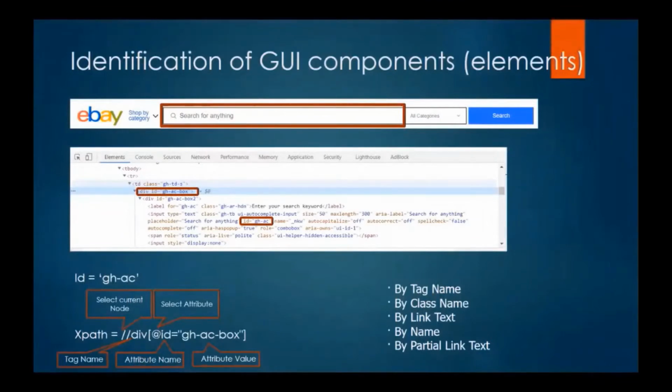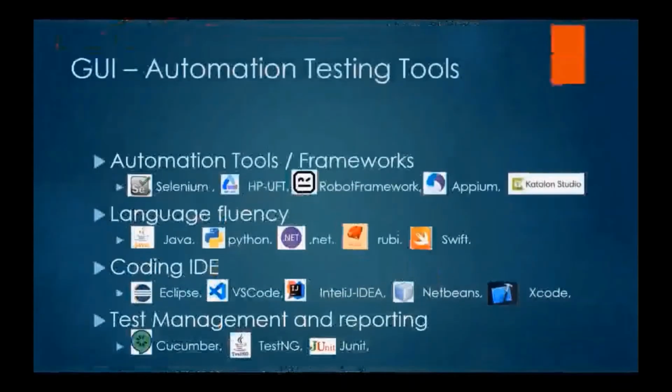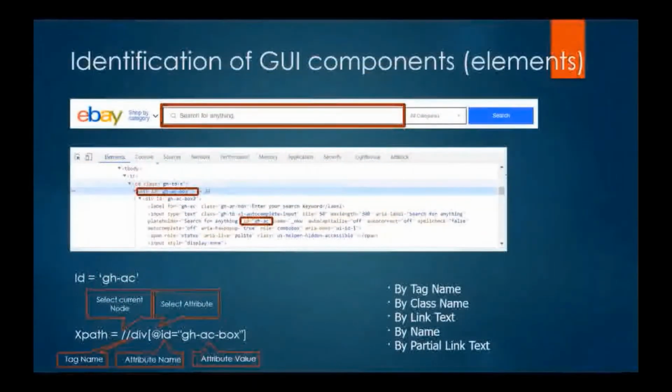Right. If you are using the ID, it's straightforward. ID equals gh-ac. So you can just simply use gh-ac as the ID. And if you're going to use XPath, I'm explaining here how to build the XPath. This is a sample of one XPath.